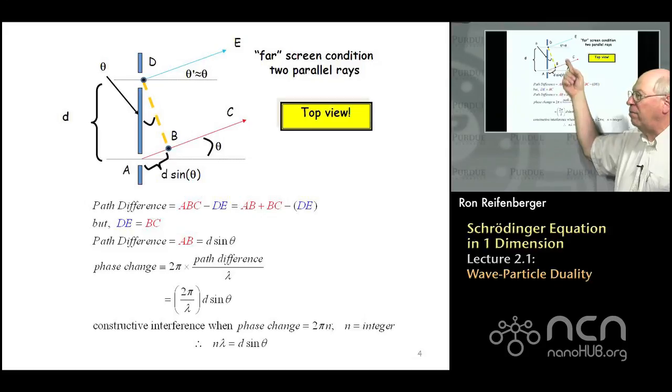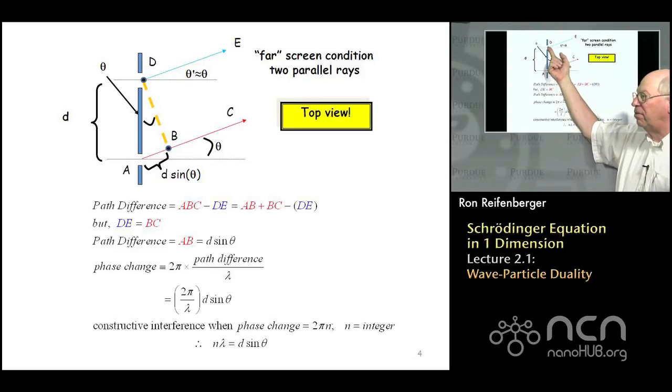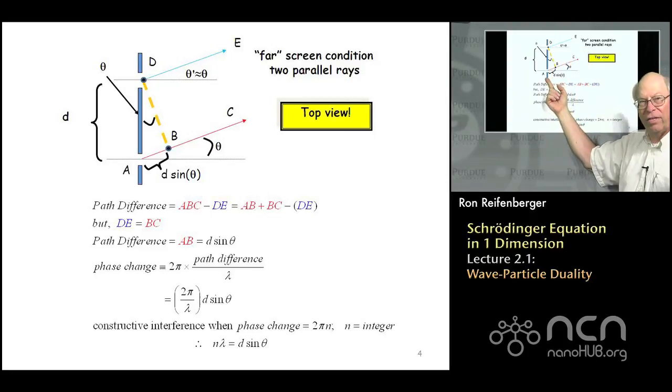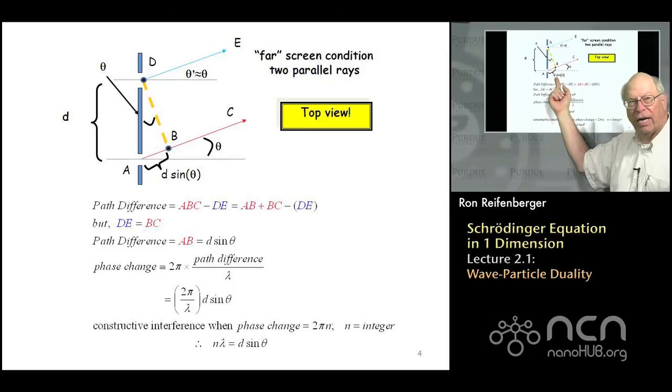So if the two light rays are parallel to one another, then you can draw a line perpendicular between these two light rays, and the path length from B to point C is then going to be equal to the path length from D to point E. And the extra path length that the light follows traveling through the bottom slit is then just equal to this distance AD, which you can show by simple trigonometry is just equal to d sine theta.